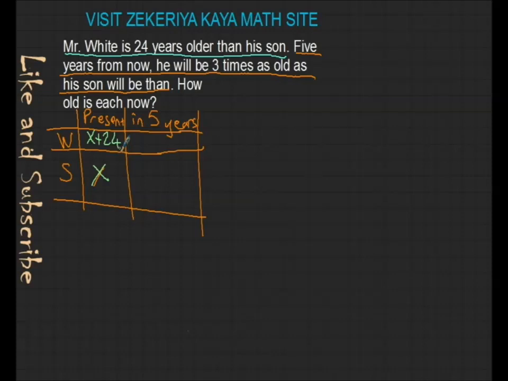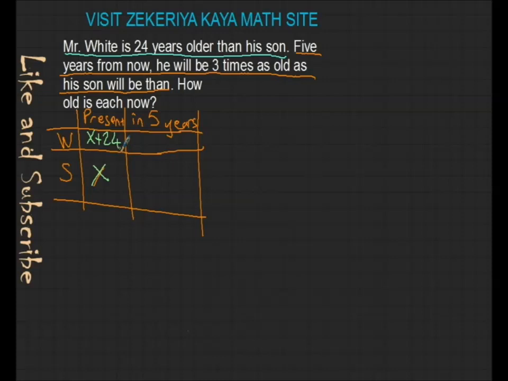When you put a letter into the table, by using that same letter, without caring about the second sentence or the other sentence, you will complete this table. By using the same letter, you must complete the table. So, these are the present ages and the ages in 5 years.